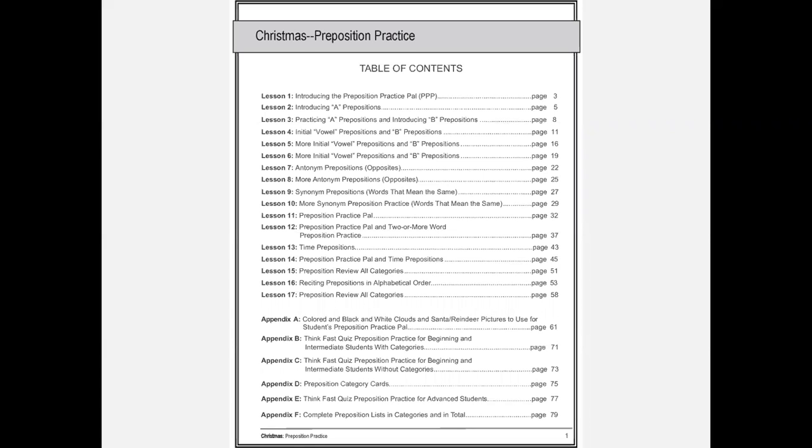So whatever spatial technique you are using there, you add to it these particular preposition lessons so that they are doing both. They're learning them with their purpose, and they're also learning them by categories.